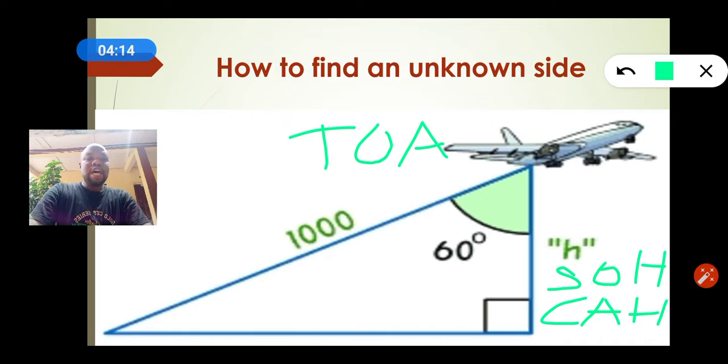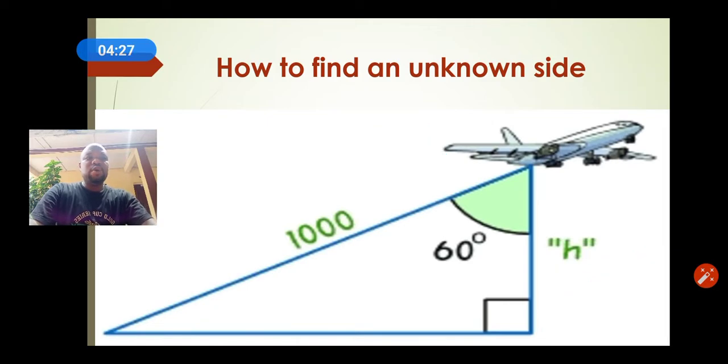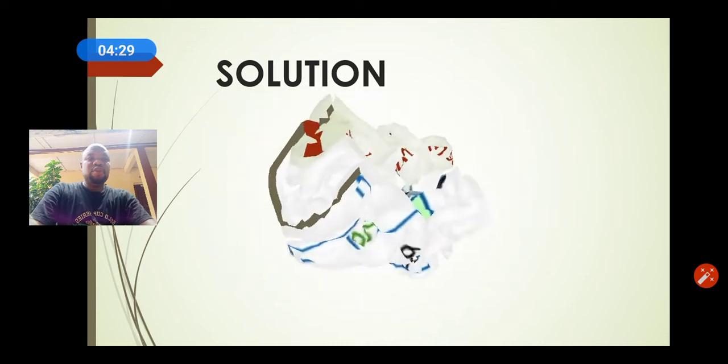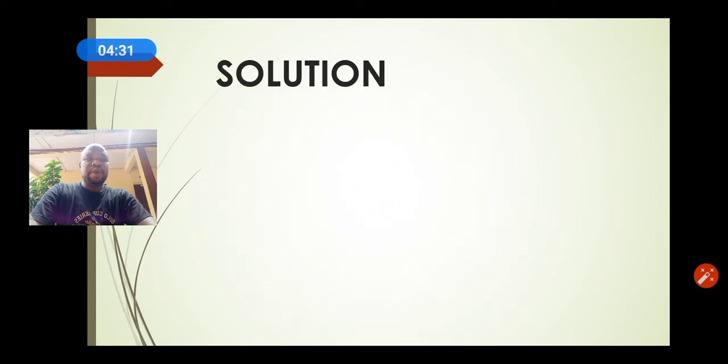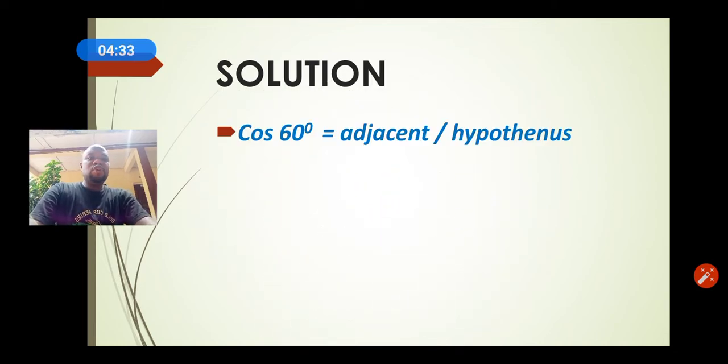For this particular question, we are given the adjacent and the hypotenuse. So we are going to use CAH, which is cosine of angles. So let us solve this problem. First, the cosine of the given angle, which is 60 degrees, is equal to the adjacent all over the hypotenuse.